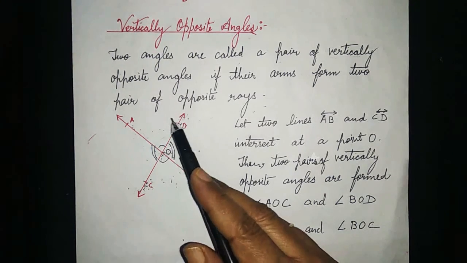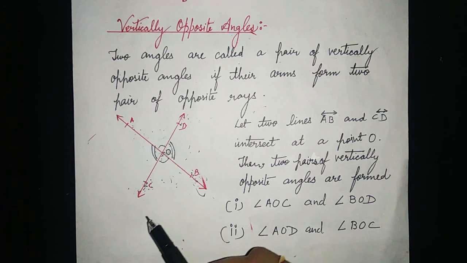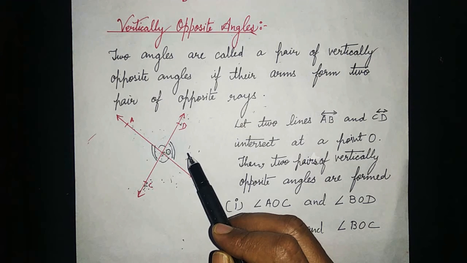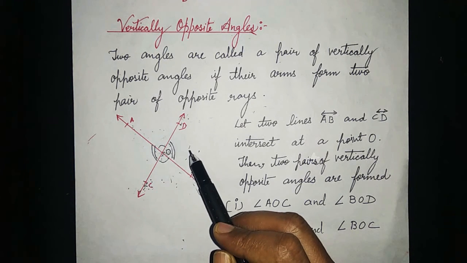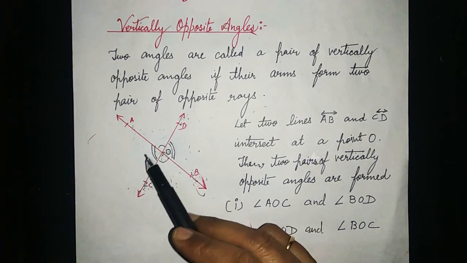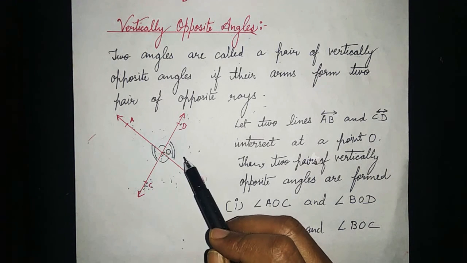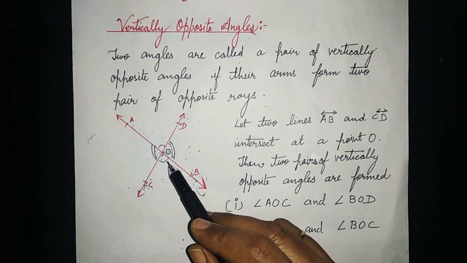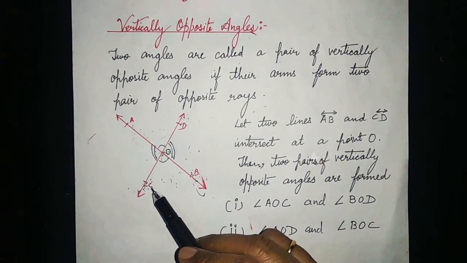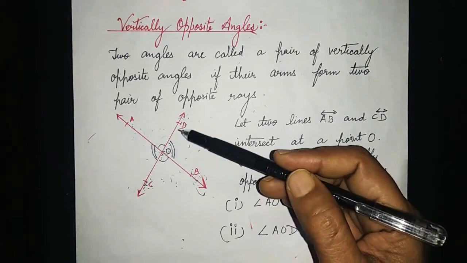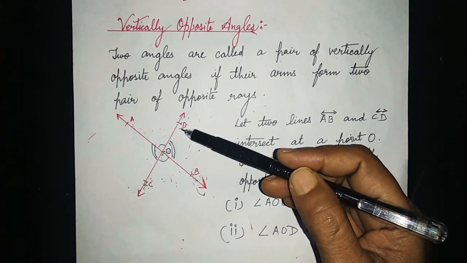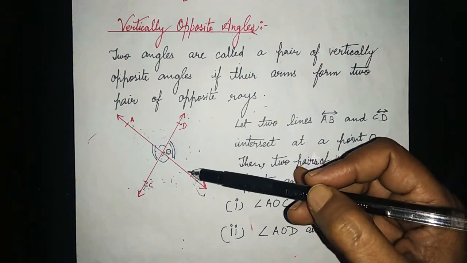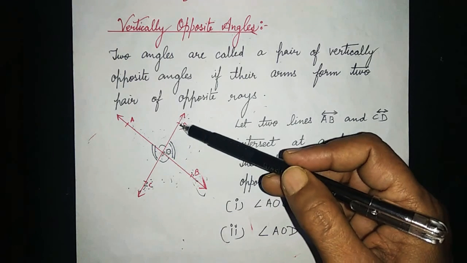So here in this figure you have seen two pairs of vertically opposite angles, and one more thing, you have noticed that they have equal measures. So here you can say that angle BOC is equal to angle AOD, and measure of angle AOC is equal to measure of angle BOD.